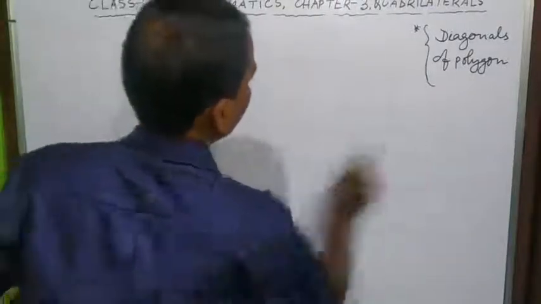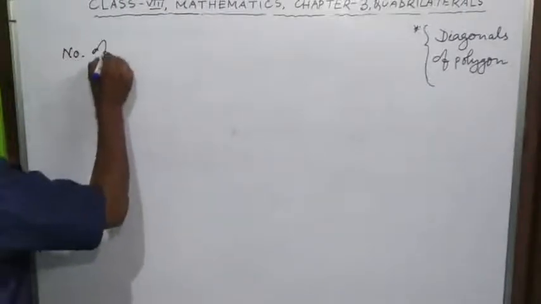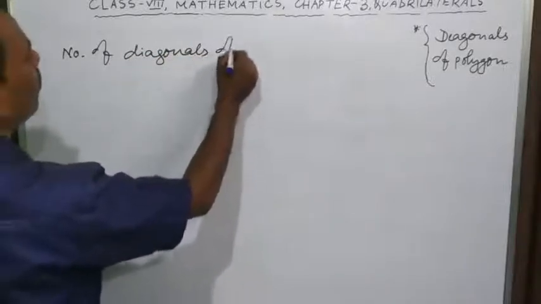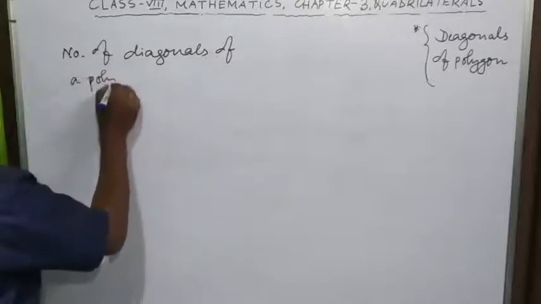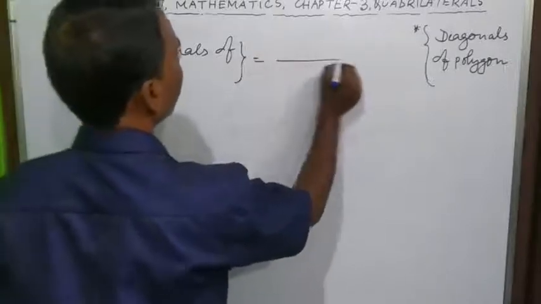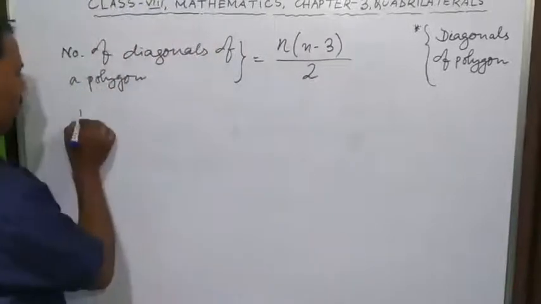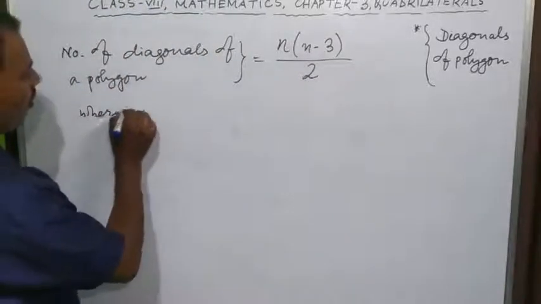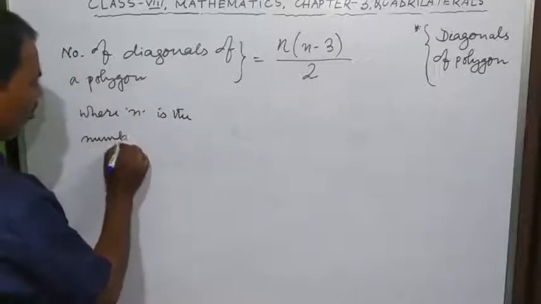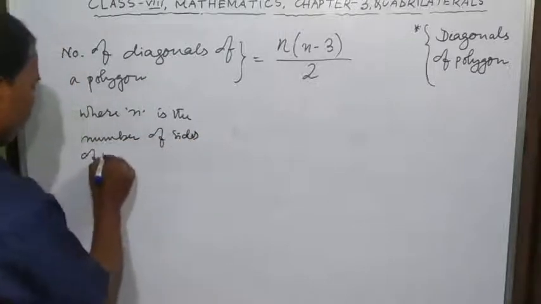The number of diagonals of a polygon is equal to n into n minus 3 by 2, where n is the number of sides of the polygon.